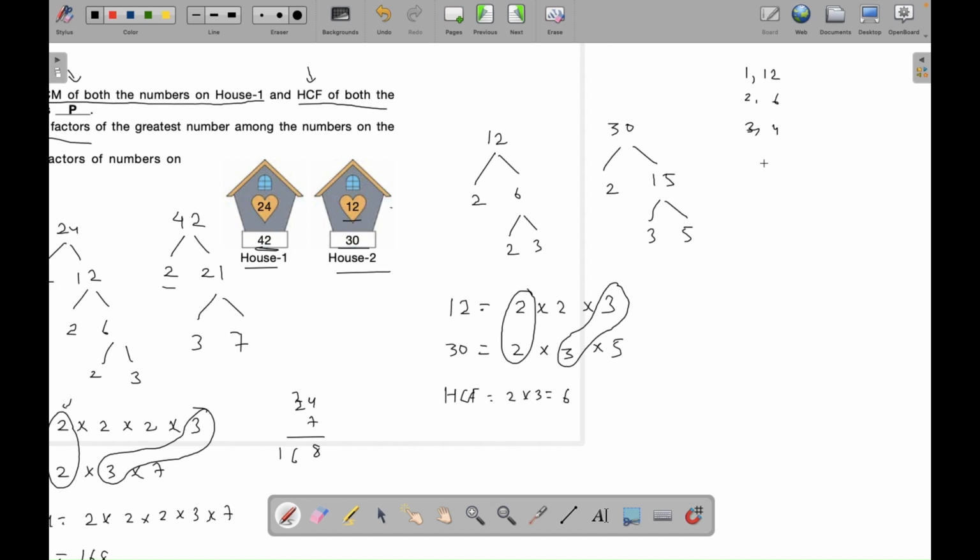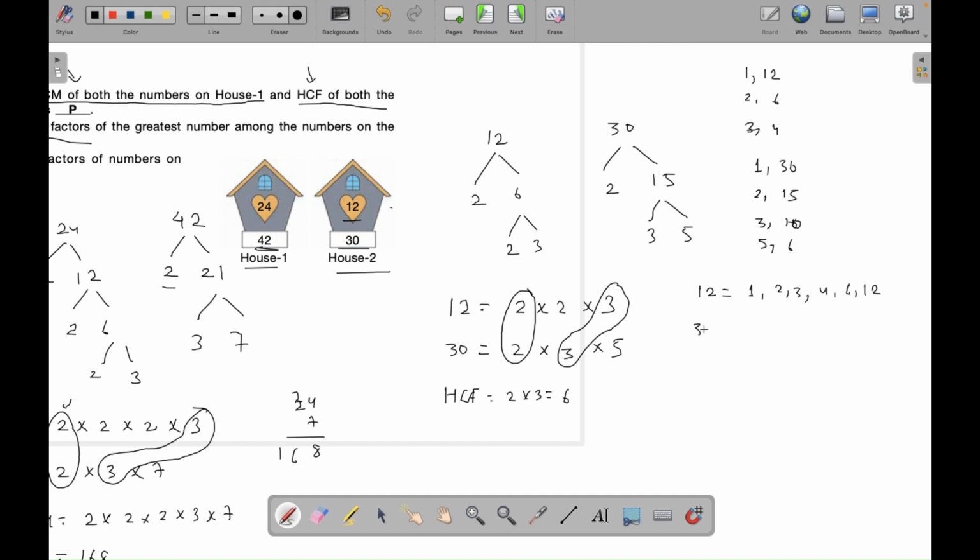And if you build the factor pairs of 30, it would be 1 comma 30, 2 comma 15, 3 comma 10, 5 comma 6, and then again 6 comma 5. So we'll not go further. Right. So 12 it would be 1, 2, 3, 4, 6, 12.